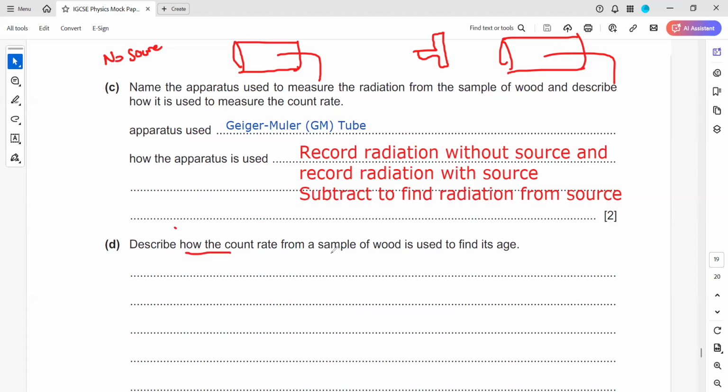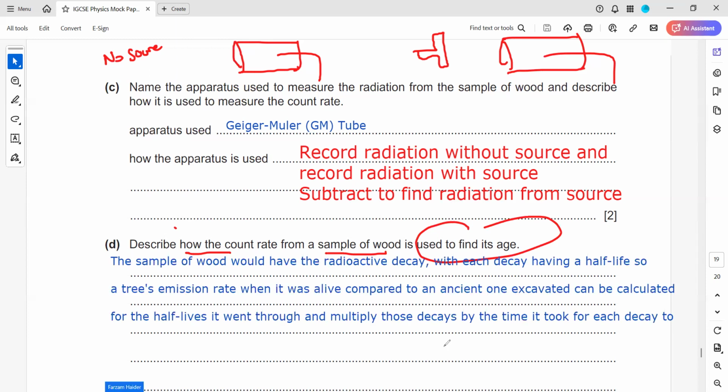Describe how the count rate from a sample of wood is used to find the age. How can we find the age of the sample?